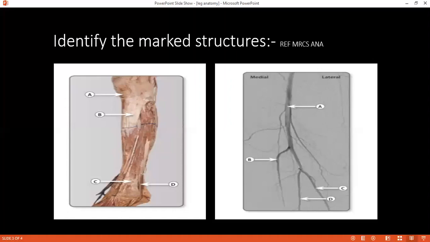People don't like it, but maybe you can tell: Tom, Dick and Harry. Tom does. Tibialis posterior. Dick does flexor digitorum longus. Tibial vessels and nerve, posterior tibial vessels and nerve. And flexor hallucis longus.